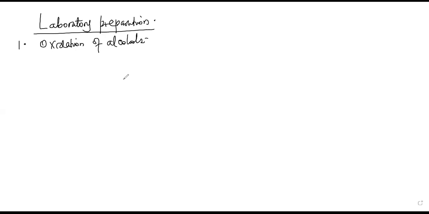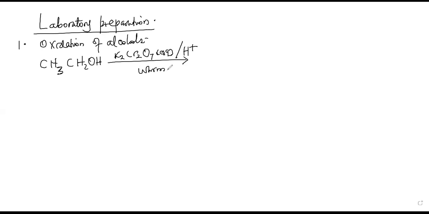Right, so we shall just say CH3CH2OH, we shall say acidified potassium dichromate, aqueous, but it must be acidified. Then we warm, don't heat, we warm.